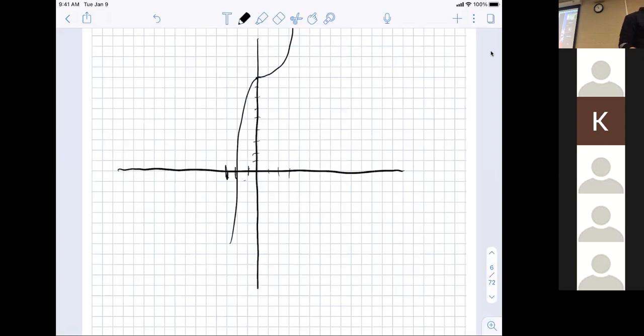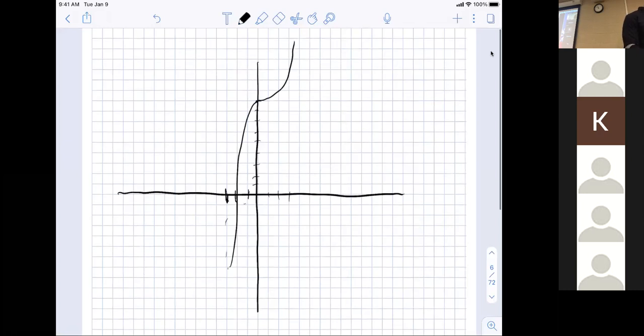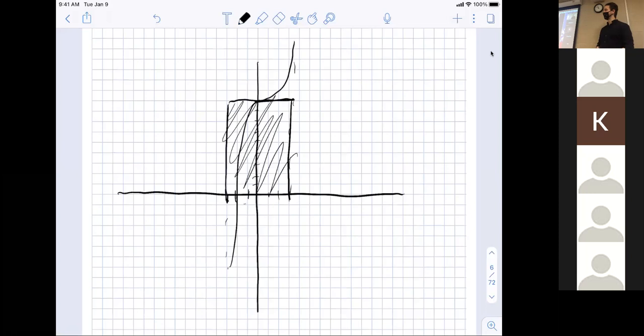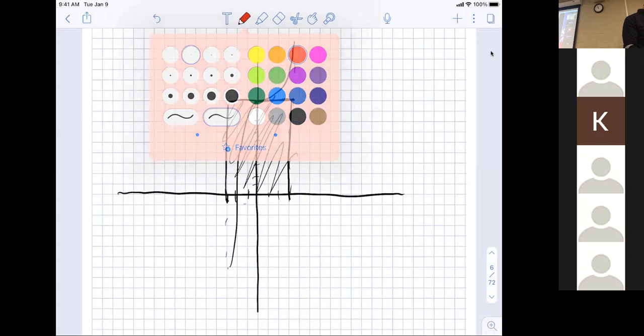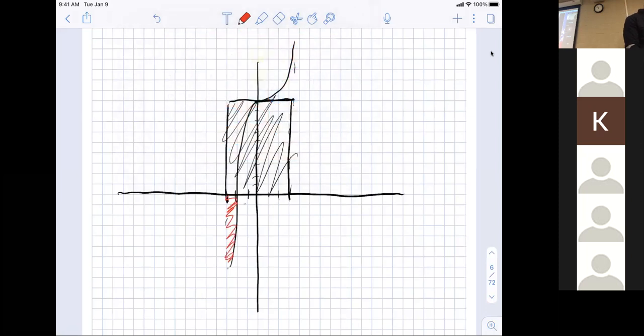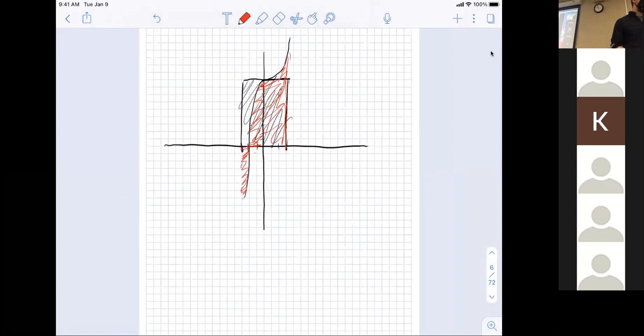It goes like that. And so the average value is the number 9, so that the area underneath this box is the same as the total signed area between the curve and the x-axis. Okay, so mashed potato theorem. All right.